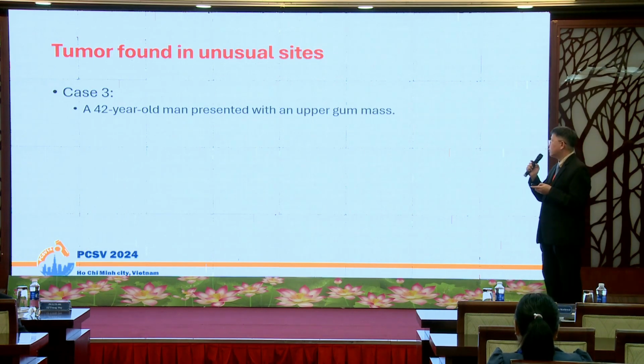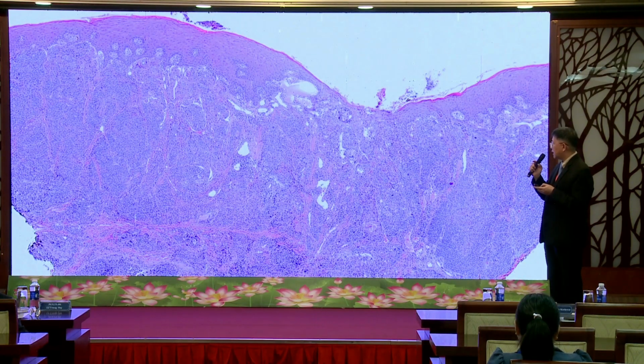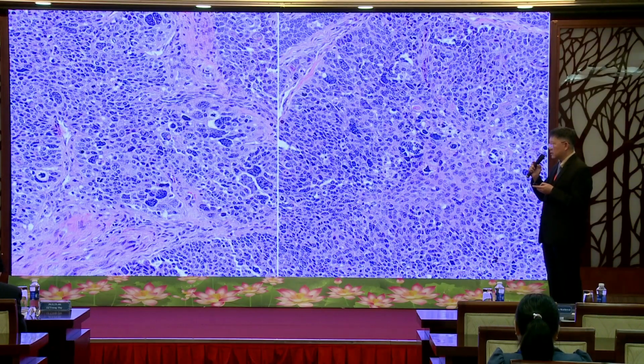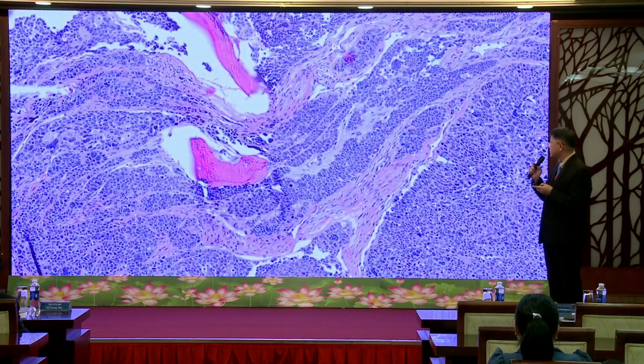Case 3 is a 42-year-old man with an upper gum mass. Now we move to tumors that are present in unusual locations. This is the tumor of this case in the upper gum. You can see the tumor infiltrates into the subepithelial stroma, and it looks quite similar to squamous cells with polygonal shape and highly pleomorphic nuclei.